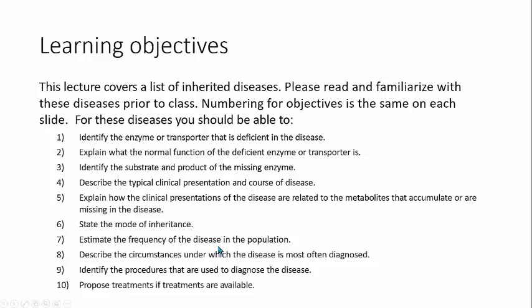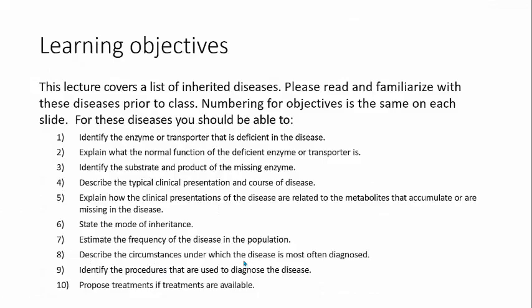You will also be given information about the circumstances in which the disease is most frequently occurring. You also get the procedures that are used to diagnose the disease and the possible treatments.